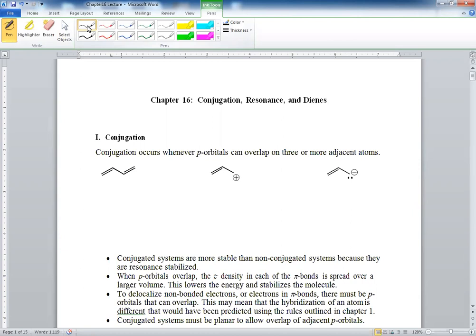So if we take a look at this right here, if you recall from organic 1, these are the curved arrows where the electrons are delocalized. You would be able to draw a lone pair on the end here, a double bond in the middle, and then a positive charge at the end.